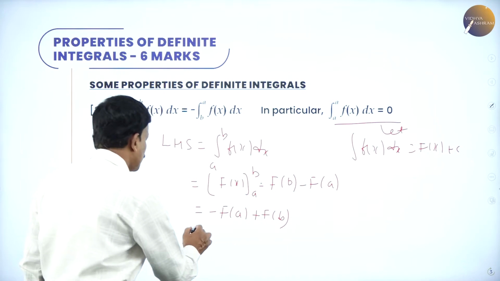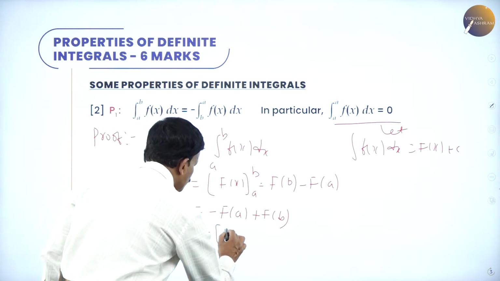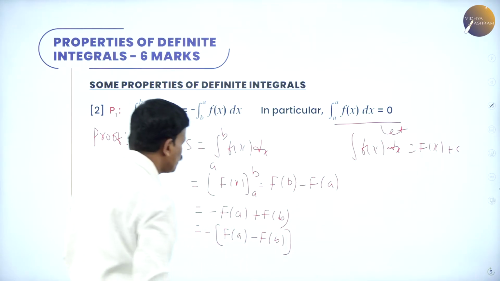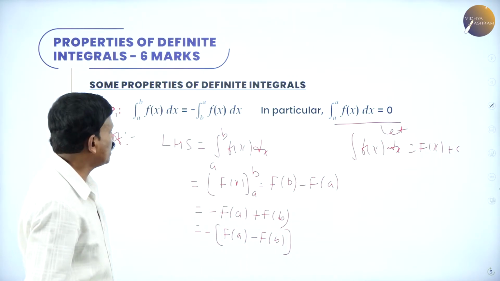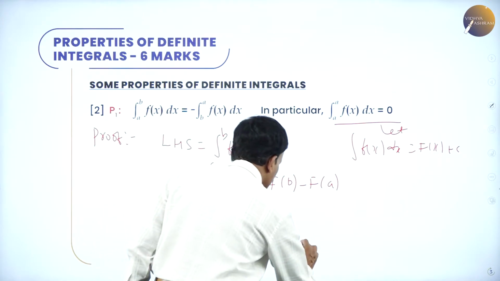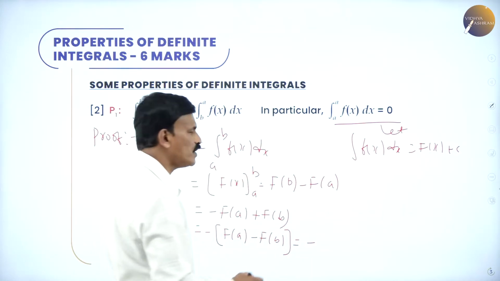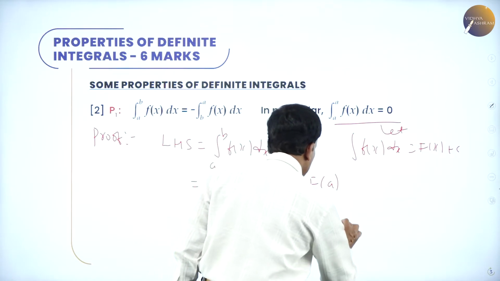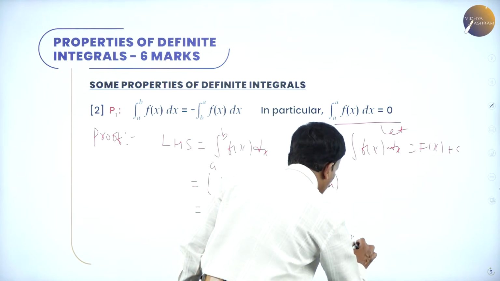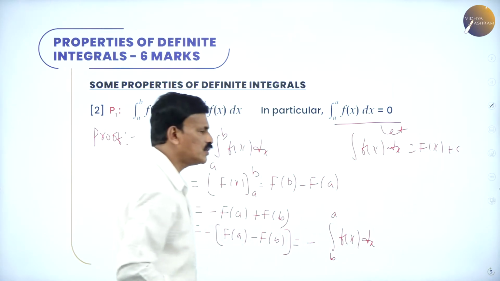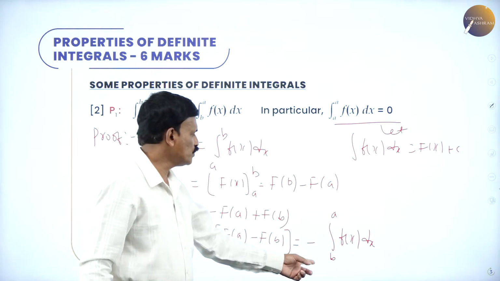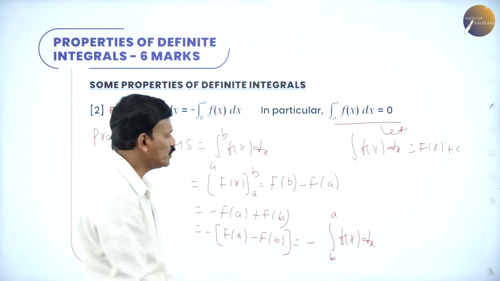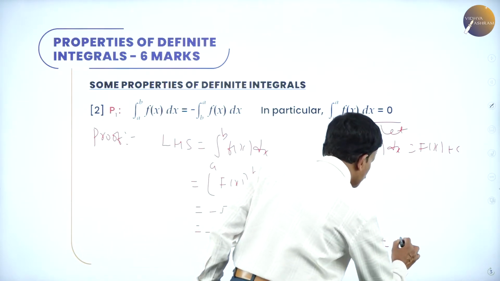If you take the minus out, it is minus of F of a minus F of b. Now if you observe carefully, this is nothing but the negative sign as it is, and F of a minus F of b is nothing but the integral from b to a of f of x dx. So if you apply the formula, integral b to a f of x dx is nothing but F of a minus F of b, which is the required RHS.